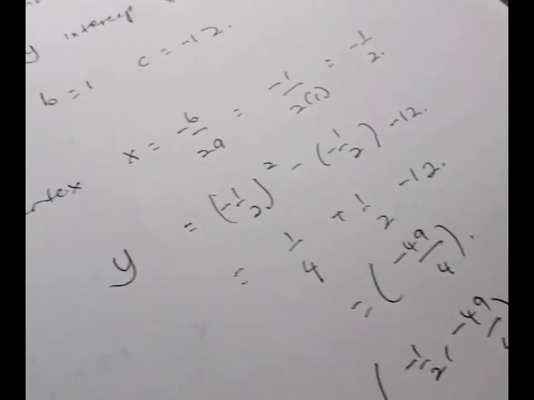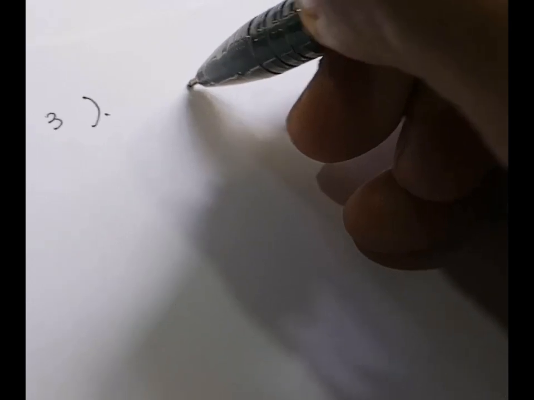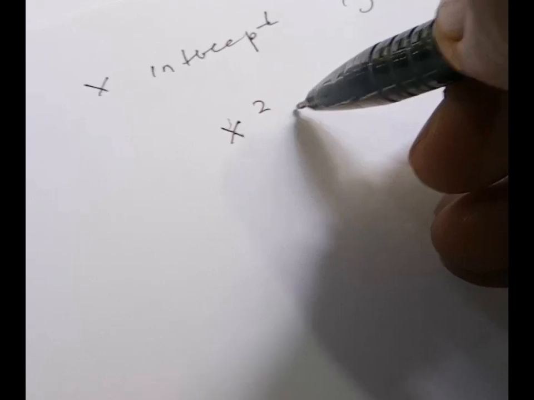Number 3 is the x-intercept. For the x-intercept, y must be 0. So we have x squared plus x minus 12 equals 0.